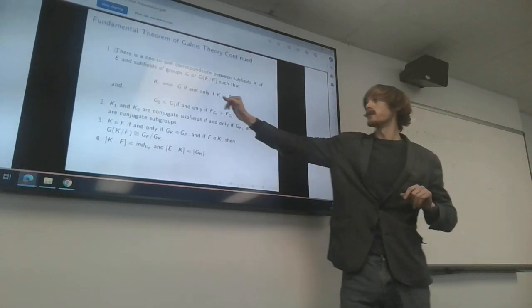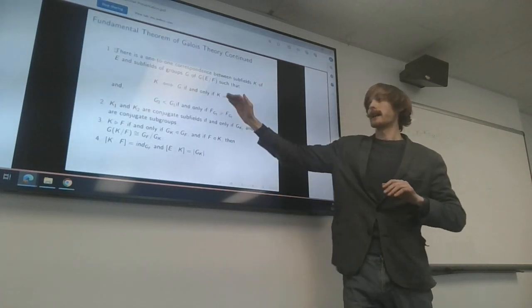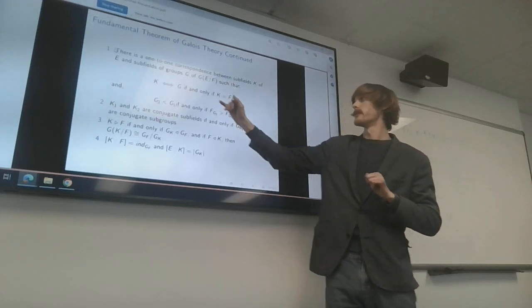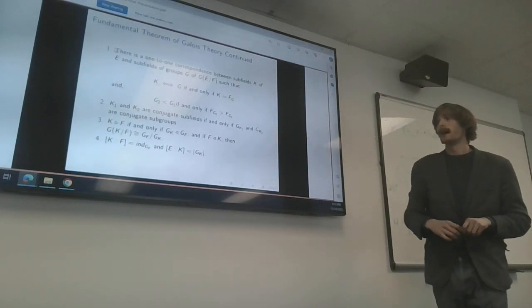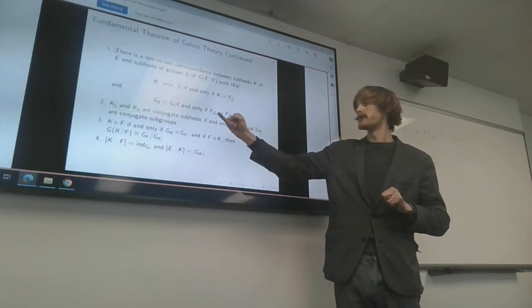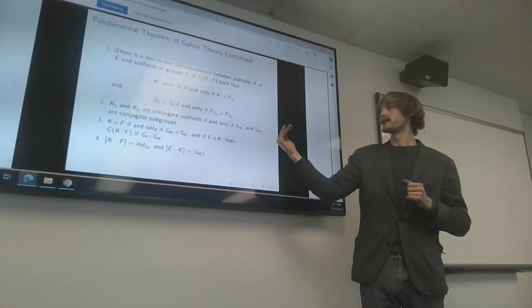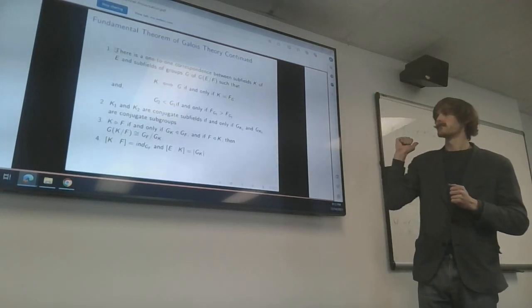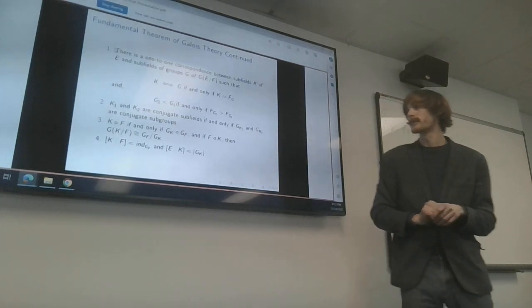So if we have some group, or subgroup G, and K, and G is a group of the automorphisms, then K is equal to the fixed field of G. And then G2 is a subgroup of G1 if and only if the field fixed by G2 is an extension of the field fixed by G1.